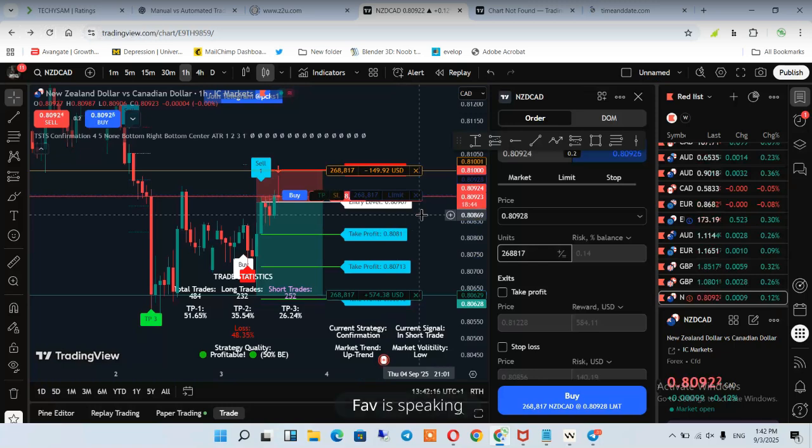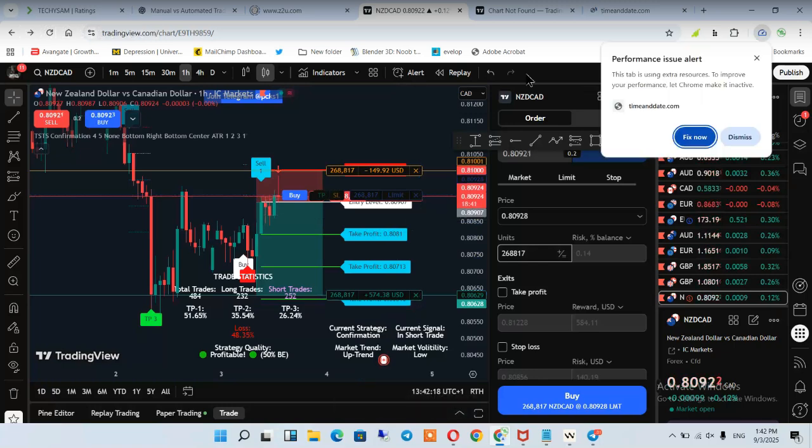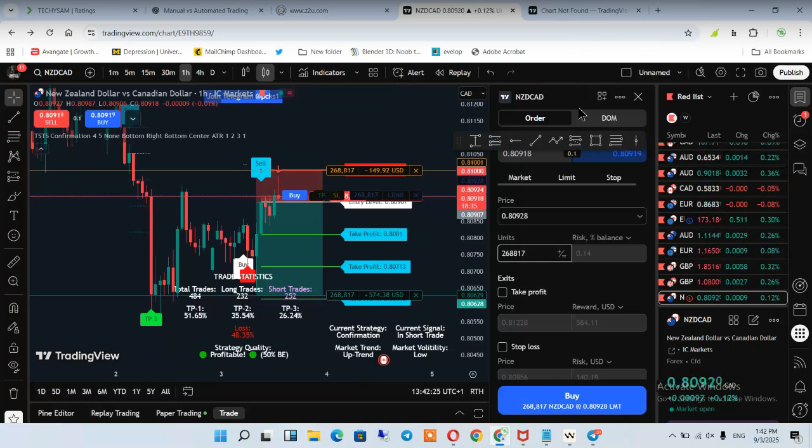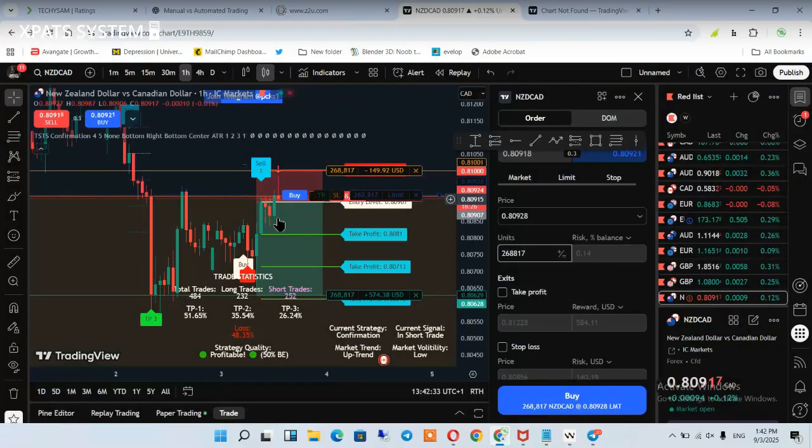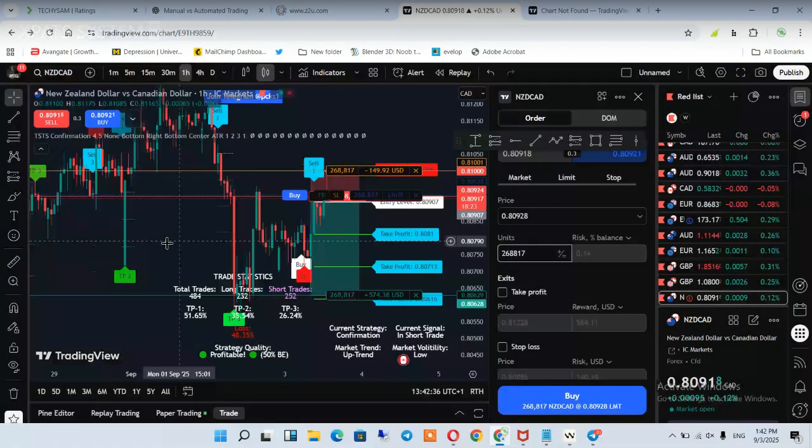So wait and we'll see. I don't need it again. I could just close it. I think I'm running some files in the background, and that's why my resource monitor is complaining. So this trade is running. We'll see however it goes.